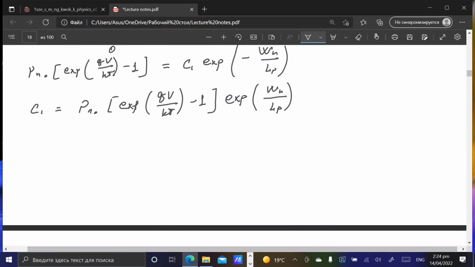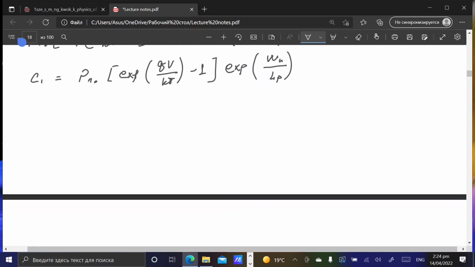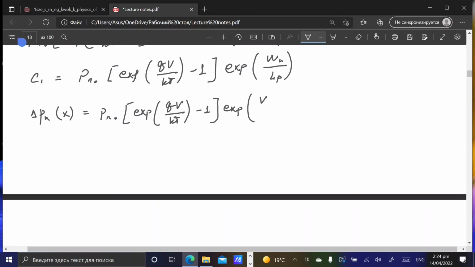So the final solution for our excessive non-equilibrium minority charge carrier distribution profile for holes will look like this: delta Pn as a function of x is equal to Pn naught times exponent QV divided by KT minus 1 times exponent Wn divided by Lp and times exponent minus x divided by Lp.